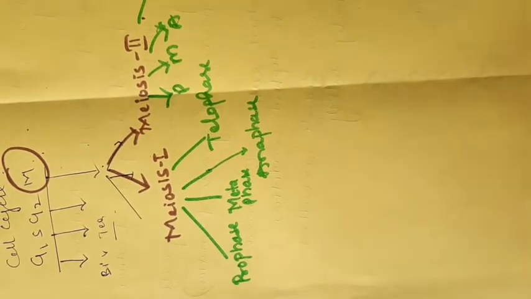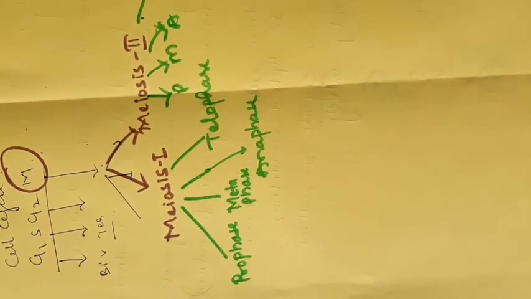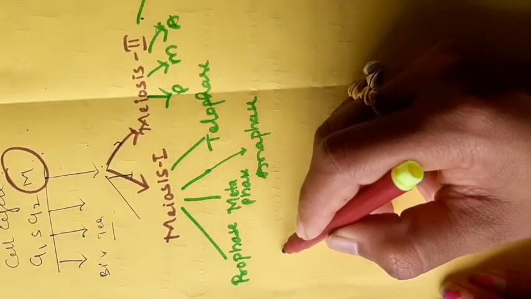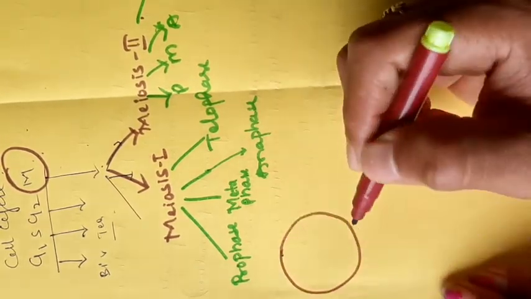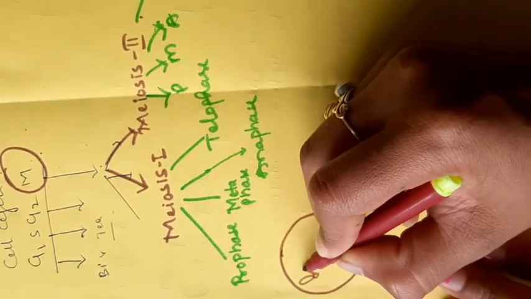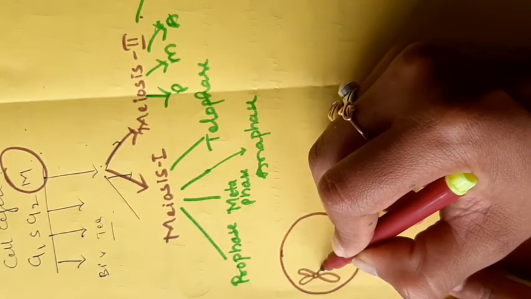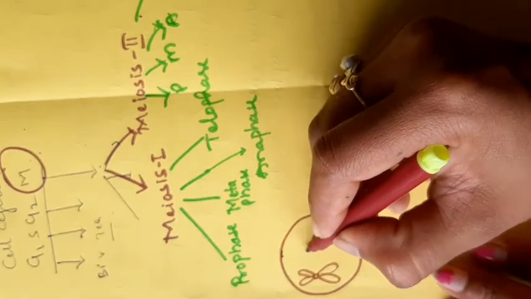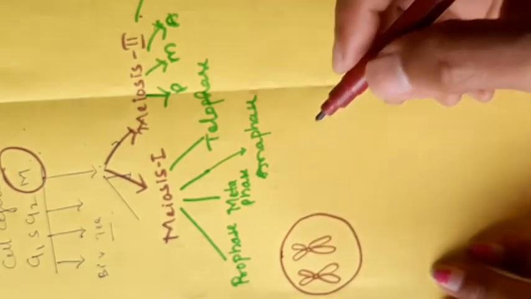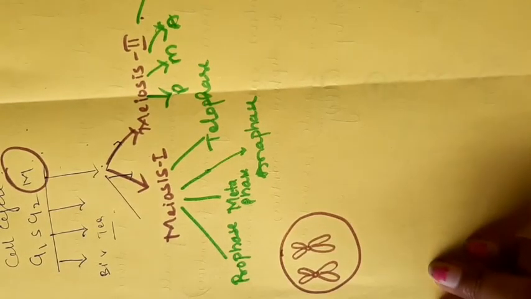Here I will take a pair of chromosomes. Those are known as homologous chromosomes. This is a cell. In that cell we are discussing only one pair of chromosomes. You know that tetravalent chromosomes will form during cell division after S phase. S phase is the synthesis phase, DNA is going to be double the previous amount.